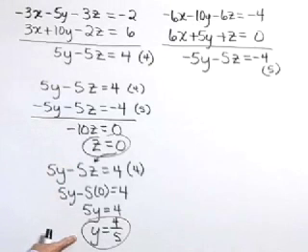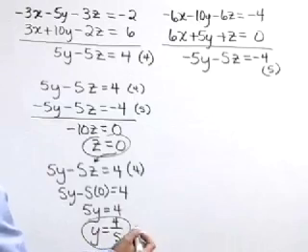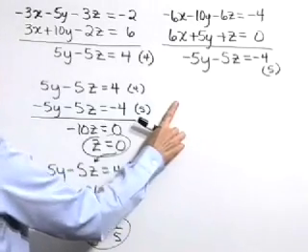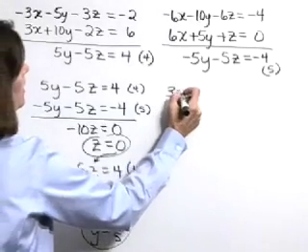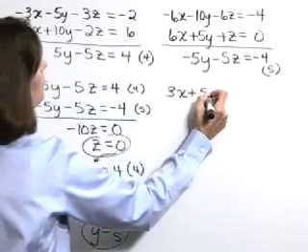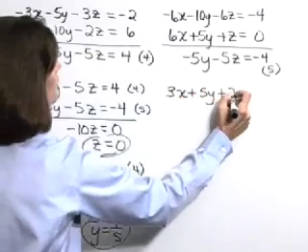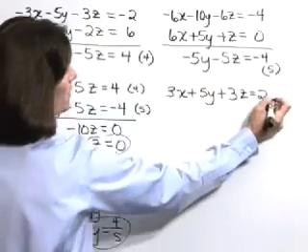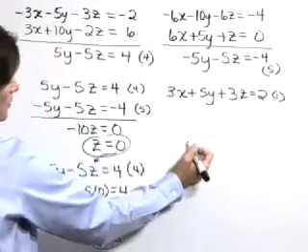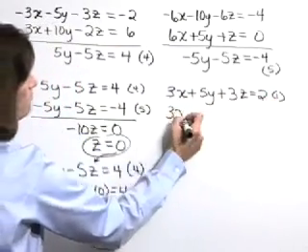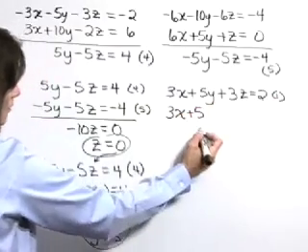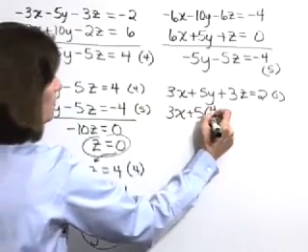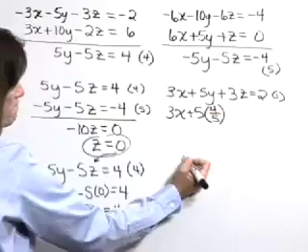As a last step, let's go back and solve for x. And I'm going to pick equation 1 to do that with. Equation number 1 is 3x plus 5y plus 3z is equal to 2. Now let's substitute our values that we know. We've solved for y and found that it is 4/5.